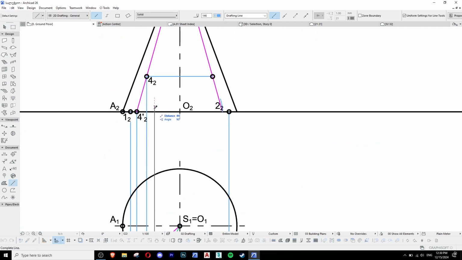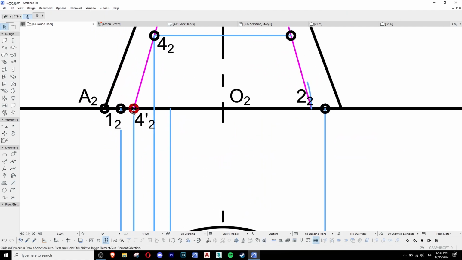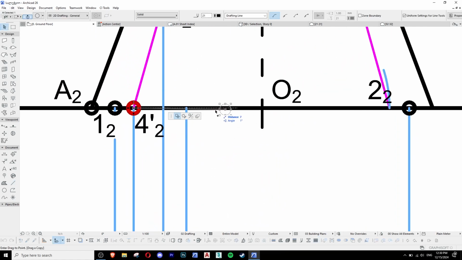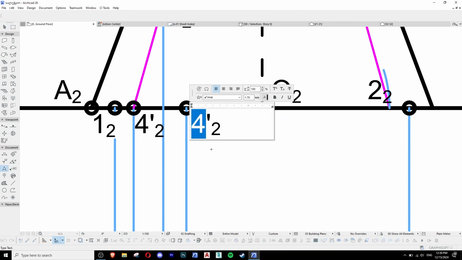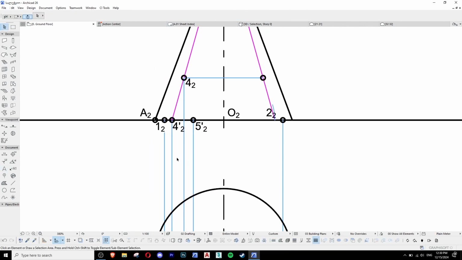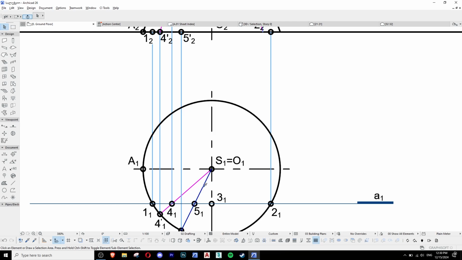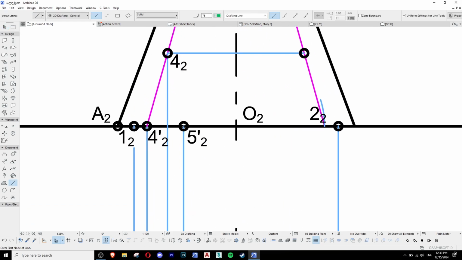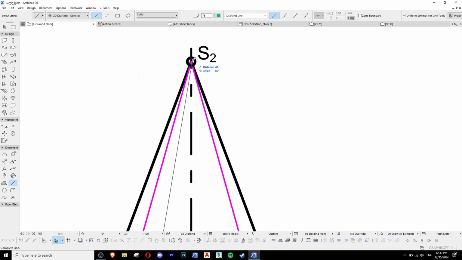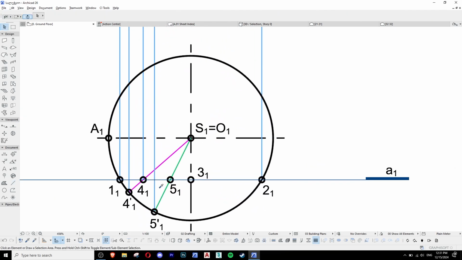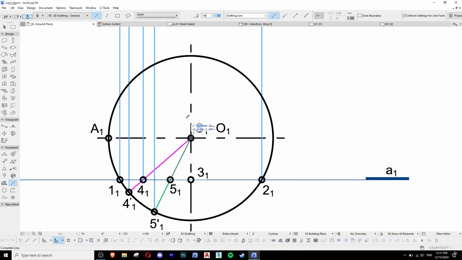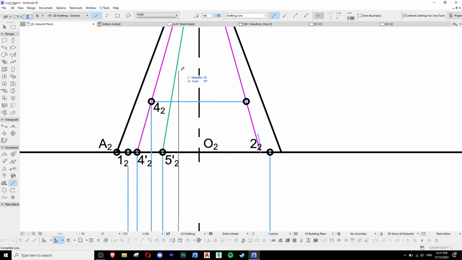Let's draw the respective points. Here it is. And let's complete the generator. And 5 should be on the vertical connection line, so both of the projections will be connected, obviously.